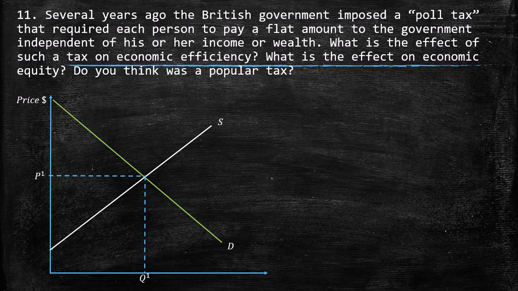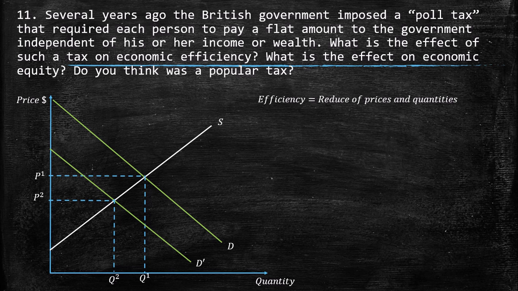Okay, so in this case what the government is doing is strictly reducing the purchasing power of the population, so the demand is going to decrease, is going to move left. Now there are going to be these quantities and prices traded in the market.